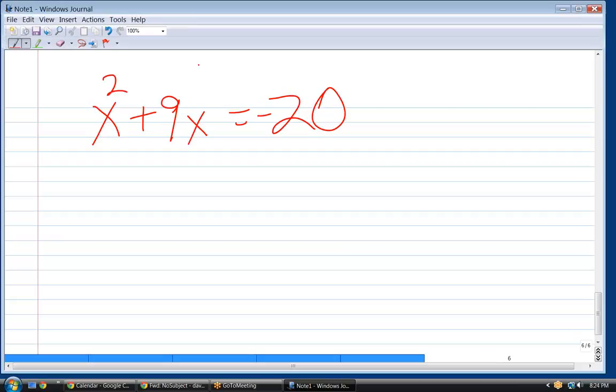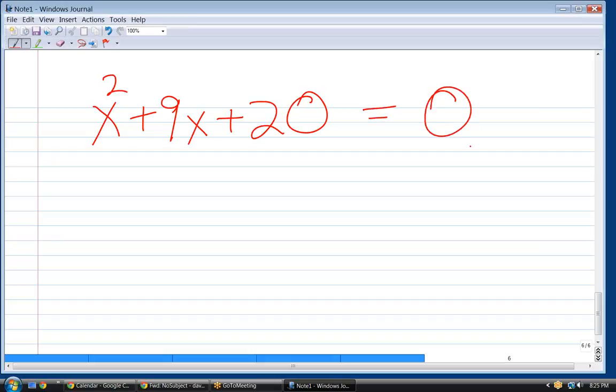So, first of all, let me make sure you understand. Maybe you haven't had this. If I gave you that, you'd know how to factor it, right? Yeah. Okay. Well, if it's an equation, the next thing you're going to learn is solving equations where one side is a quadratic.